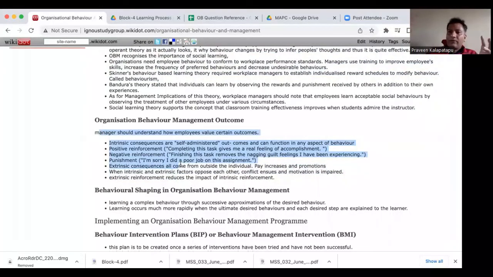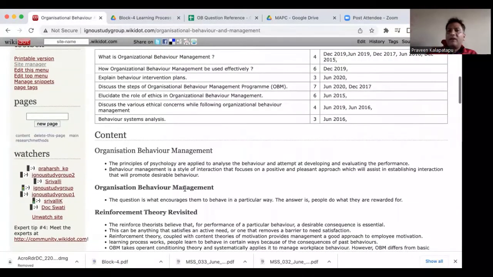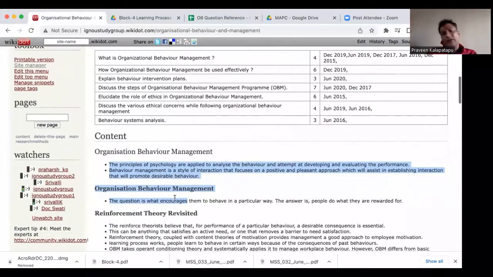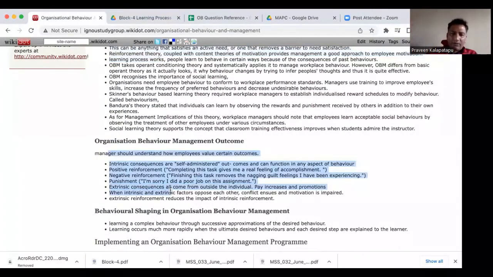Depending on the number of marks, these are the parts that might have to be covered. If it is only a definition or a 3 marks question, you can probably stop with these two sections. But if it is 6 marks or 10 marks, you might have to cover some part of reinforcement and some part of outcomes as well.